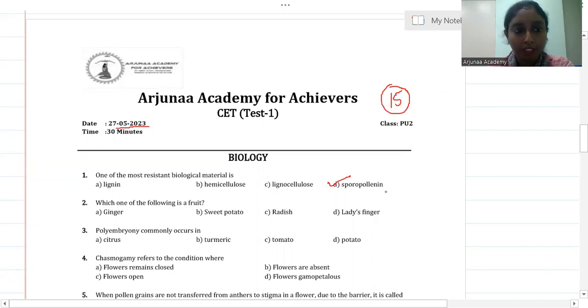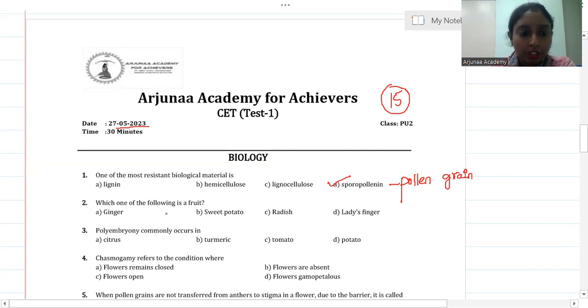There is no enzyme which can degrade sporopollenin. Because of this reason, we consider sporopollenin as the most resistant biological material. And this we can see in pollen grain. Which layer of pollen grain? Exine layer, the outer layer.